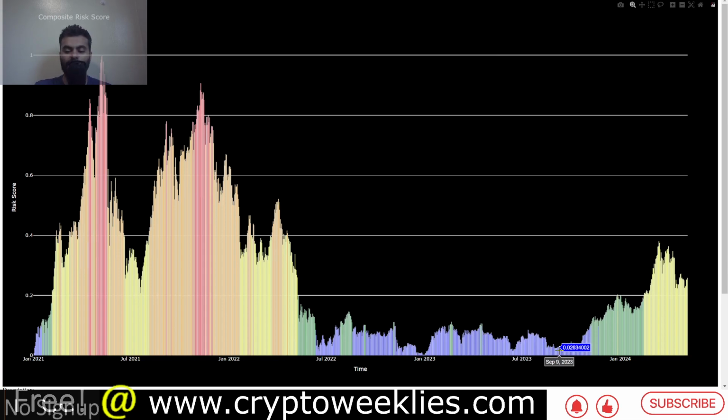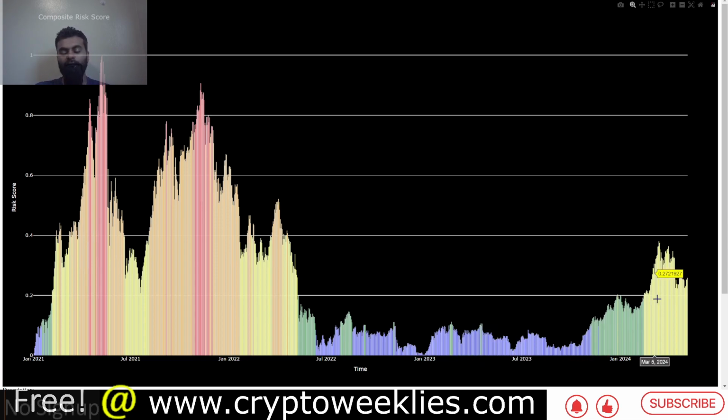Between 0 and 0.1 is blue, between 0.1 and 0.2 is green, between 0.2 and 0.4 is yellow, between 0.4 and 0.7 is orange, and everything above 0.75 is red. The red color is the highest risk and the blue color is the lowest risk.